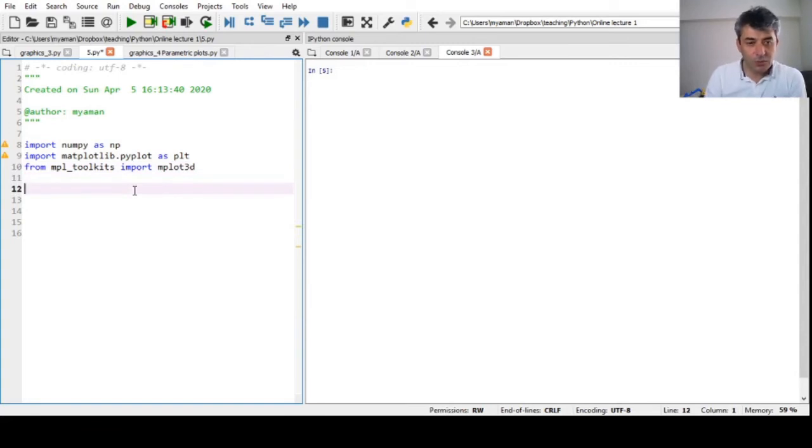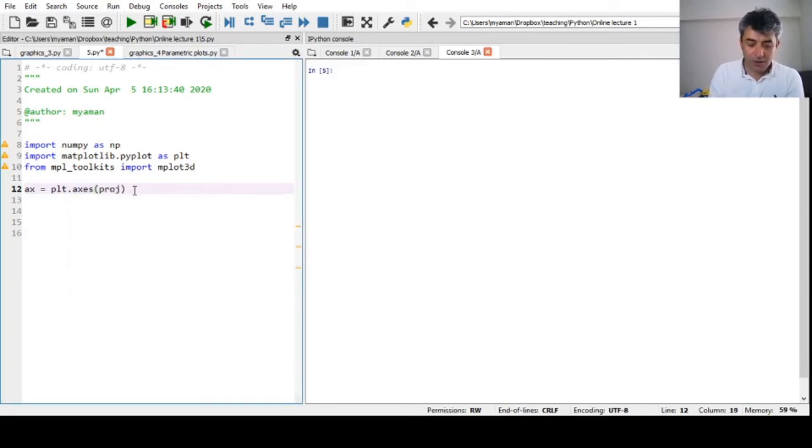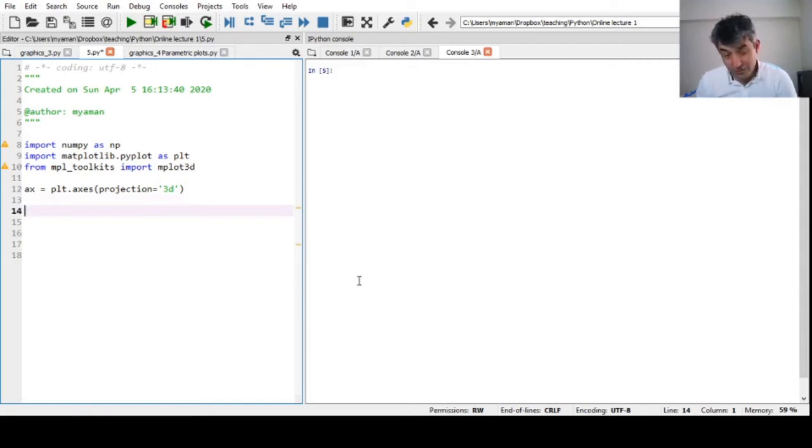Once you import this, one more thing you need to do is to create an axis using the plot axis function, and then give it as a parameter projection 3D. So with these two additions, I am now ready to do a 3D graph.